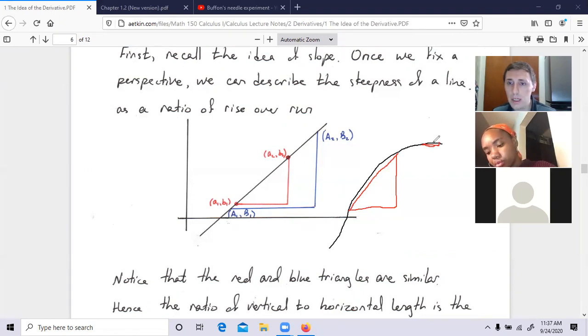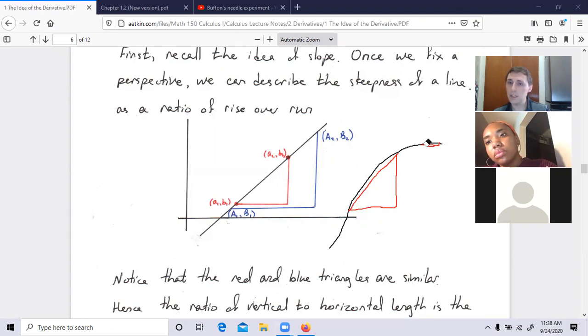You see here, they are definitely not proportional. You have a long horizontal leg and a short vertical leg. Here, the proportions are more alike. So here the horizontal and vertical are more alike, they're of the same size. So in other curves, the triangles will not be similar. So do you understand what I'm saying, guys?